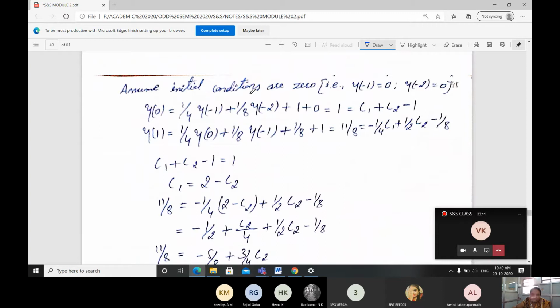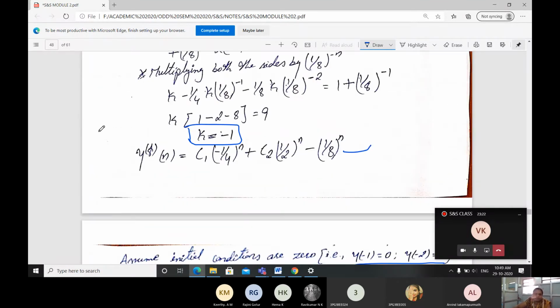Next, based on the initial conditions, in this case y of minus 1 and y of minus 2 are going to be 0 only. Initial conditions are 0 only. Therefore, next we have to substitute n as 0 in this equation, in the first response.